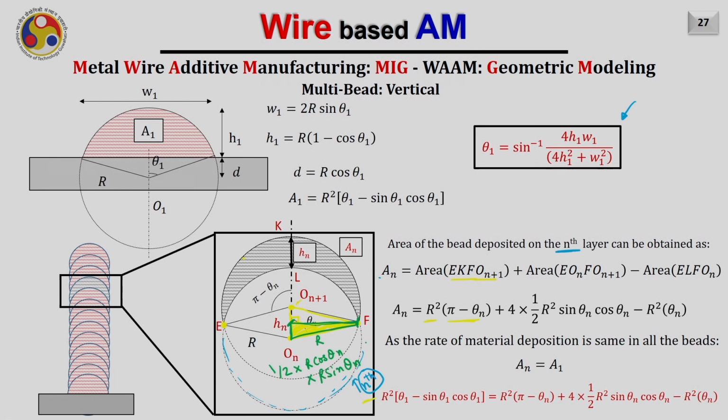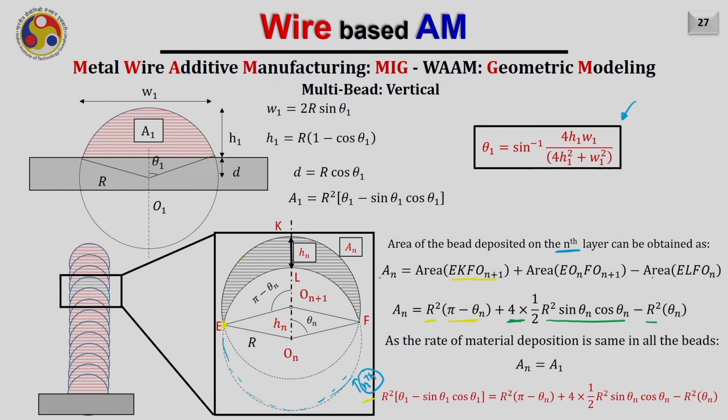And as a result, this small area which is shown here in the green color will be half of r square sin theta n cos theta n. Now this entire area E On F On will be nothing but 4 times the same, correct? So I am writing here 4 times the same thing.